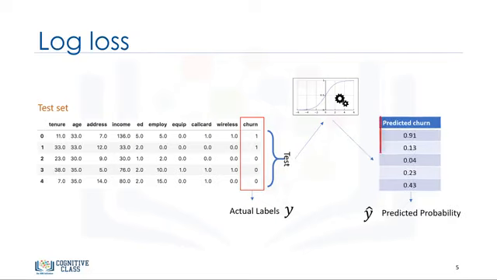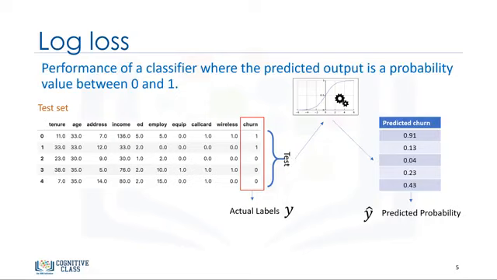For example, in logistic regression, the output can be the probability of customer churn, i.e. yes, or equals to 1. This probability is a value between 0 and 1. Logarithmic loss, also known as log loss, measures the performance of a classifier where the predicted output is a probability value between 0 and 1.